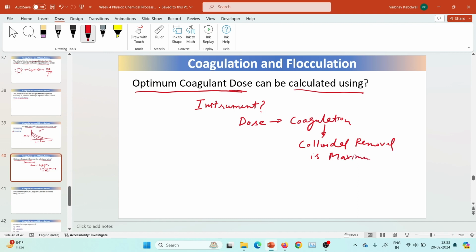That dose is called the optimum coagulant dose. At the optimum coagulant dose we will have minimum turbidity. And this dose is calculated by an instrument called the jar test.